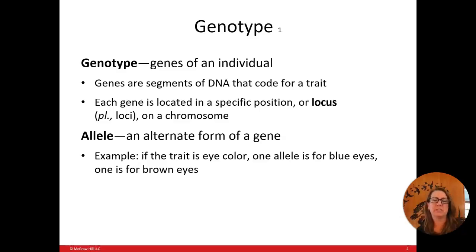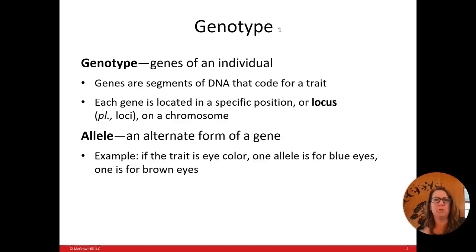The gene is on a spot on a chromosome, and that spot is called the locus. The alternate variations, if you will, of the gene are called alleles. So, example from the book, you can have a brown-eyed allele or you can have a blue-eyed allele. So your genotype is going to be essentially what are you carrying at that locus.